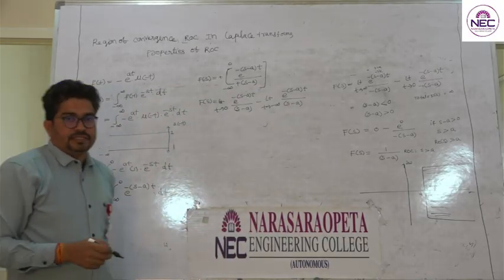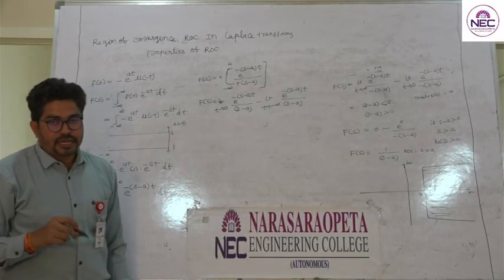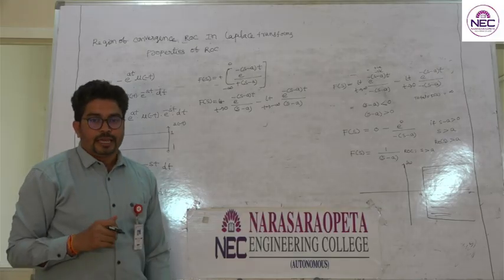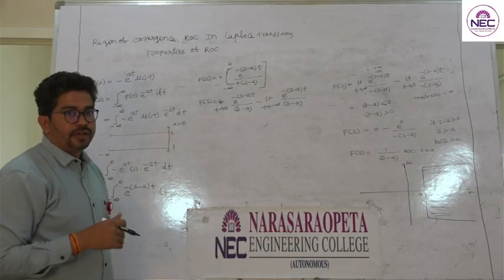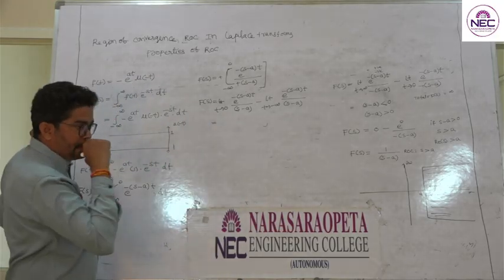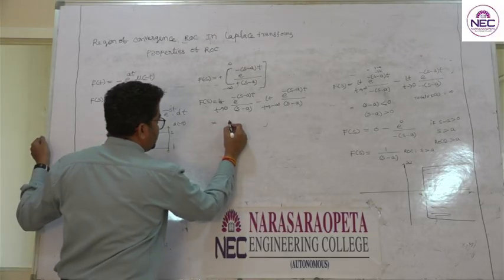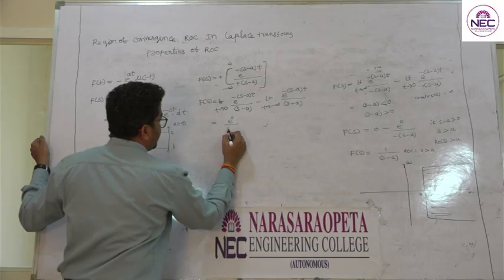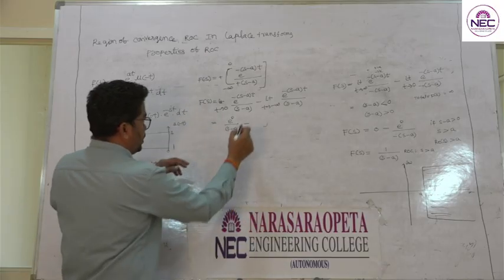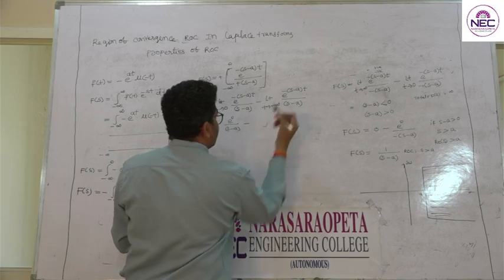Here the Laplace transform of f of t exists or converges if F of s has some finite value. Applying the upper limit t tends to 0 gives e power 0 by s minus a, minus the limit t tends to minus infinity.